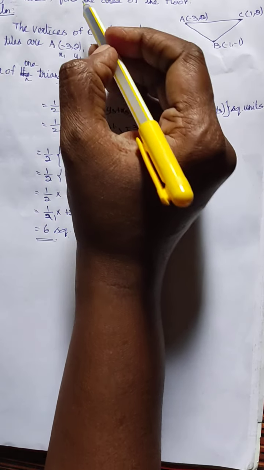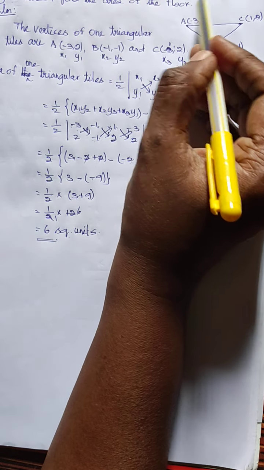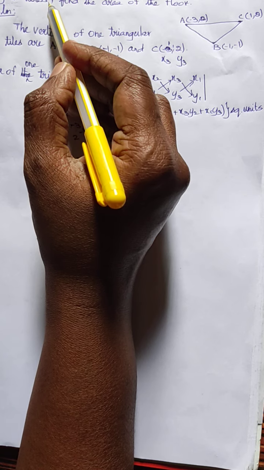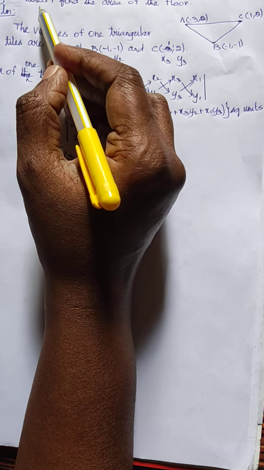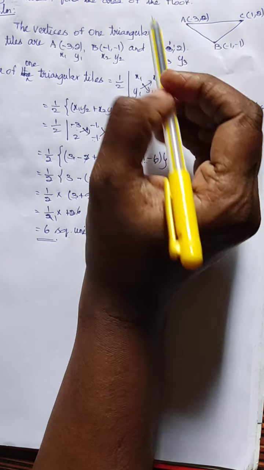It is given that the floor of the hall is completely covered by 110 tiles. 110 triangular shaped tiles.